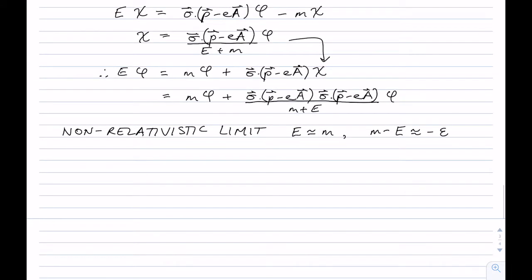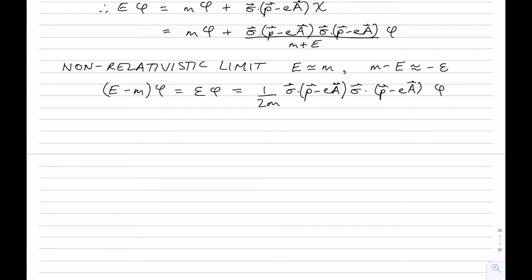So if I go over here, I've got E minus M phi is equal to, now I need to solve this complicated thing here, which is sigma dot P minus EA squared.